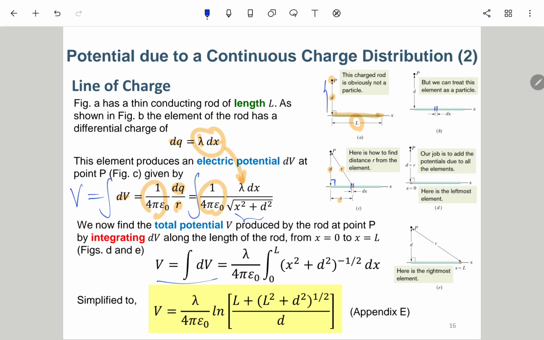Lambda and K are constants, so we can put them outside. The remaining thing is the square root in the denominator, so we have this to the power of -1/2, and then we integrate dx. The dx is actually from 0 to L, because this limit should be 0 and this one should be L.